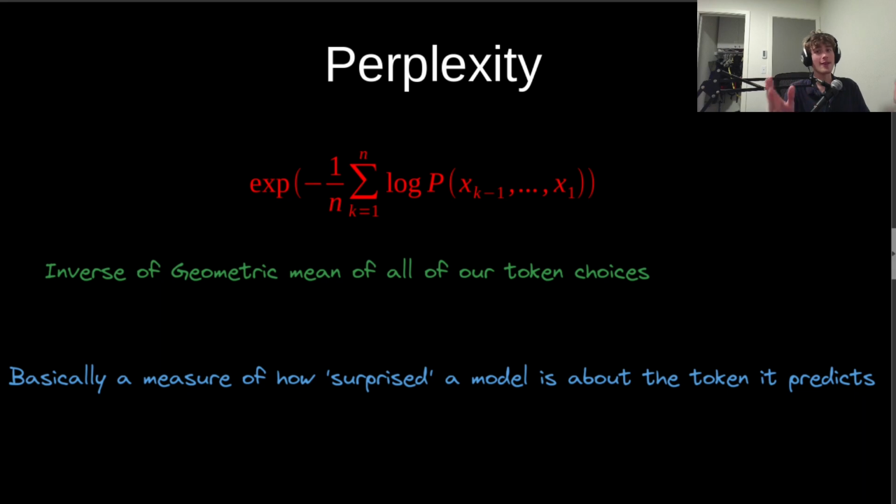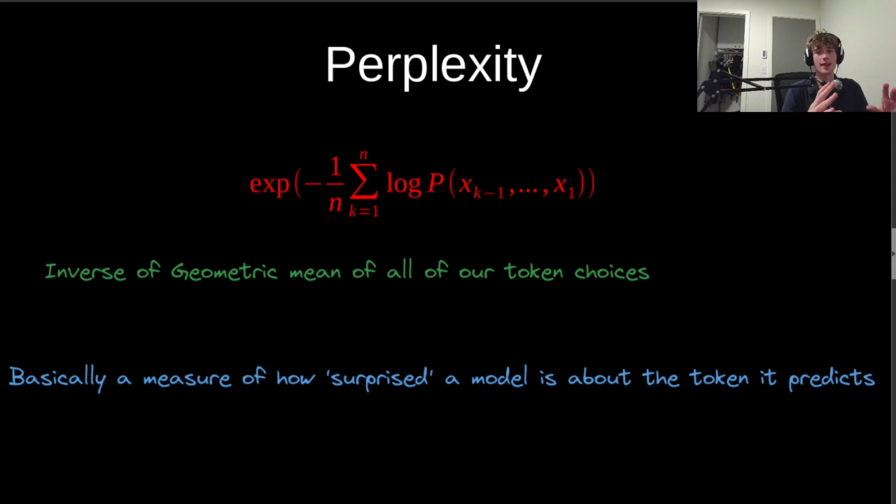Now, in plain English, what does this mean? Well, it's basically a measure of how surprised a model is about the token it predicts. So it's basically a measure of, for a token, does this make sense? Is this a surprising result, or is this an expected result? And this is a good way of measuring, okay, are we getting output that makes logical sense?